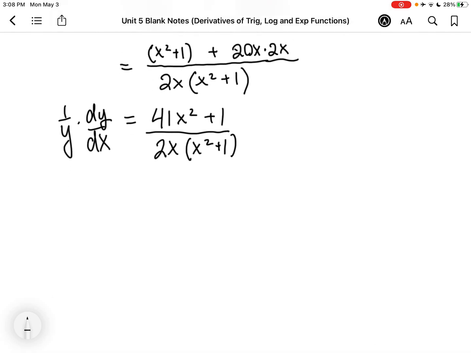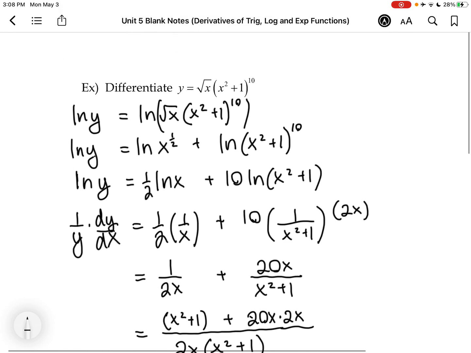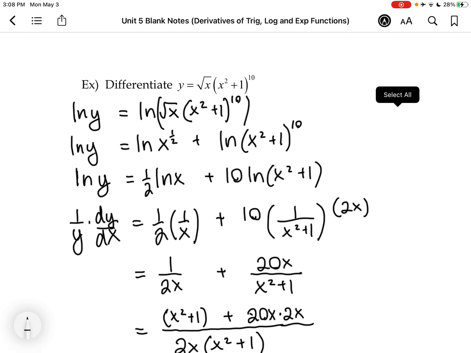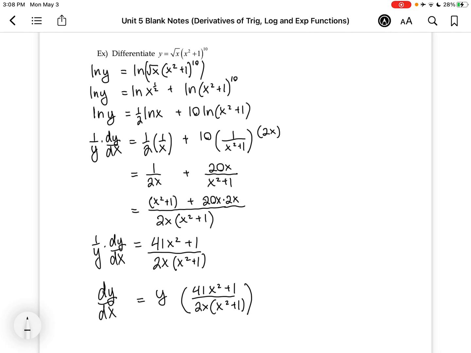Okay, now I'm going to multiply both sides by y. So I'll have dy dx equals y times 41x squared plus 1 over 2x times x squared plus 1. And then I'll take whatever y was equal to, which is the square root of x times x squared plus 1 to the 10, and I'm going to sub it in for y over here.